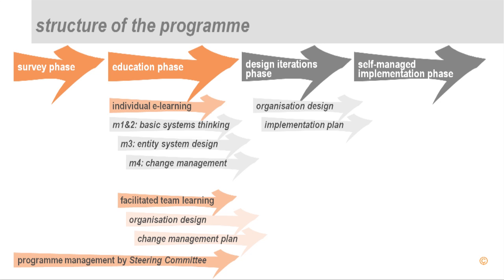By comparison, phases 3 and 4 are concerned with finalizing the designs and then implementing them. The timing and mode of delivery of phases 3 and 4 could differ from organization to organization and is in its delivery totally customized to the client organization.